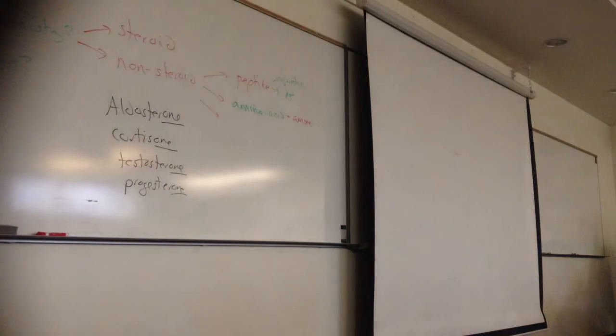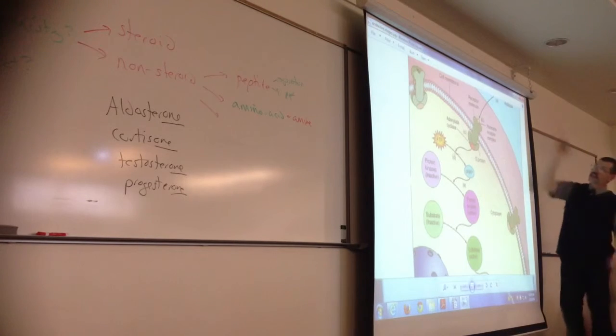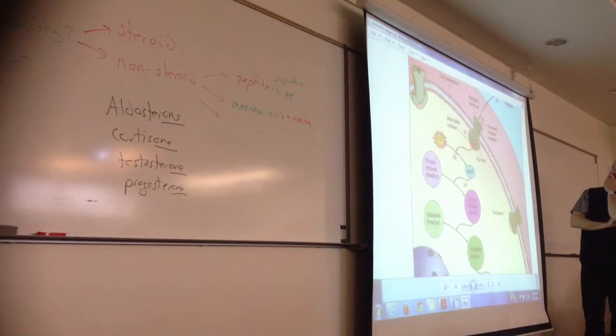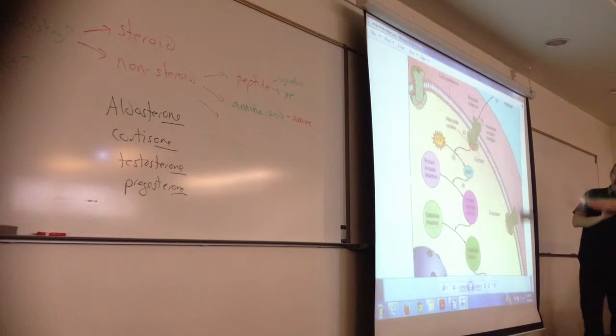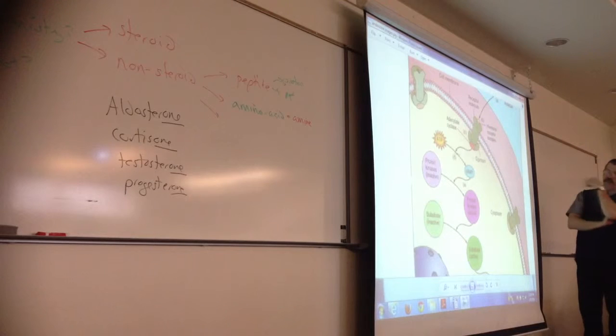Okay. So let me show you the other one. If they're a non-steroid, yeah, cut off my little molecule. For some reason, there should be a little picture up in the corner. Where does my hormone, which you can't see off the screen, go? To a receptor in the membrane. It doesn't go to my nucleus. Why doesn't it go down there?